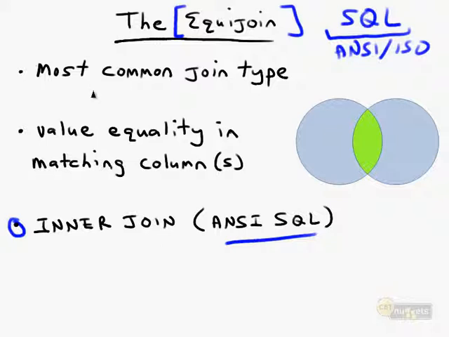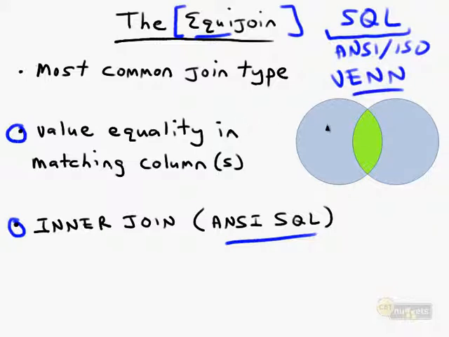Now, specifically, what the heck is an Equijoin? Equi should make you think of equality, and that is the root of the Equijoin or inner join. What we're doing is grabbing or selecting, to use the more formal term, one or more columns from two or more related tables that have a value equality in one or more matching columns. And what you see on the right is a representation of a Venn diagram.